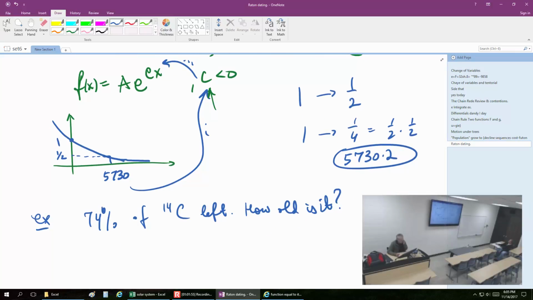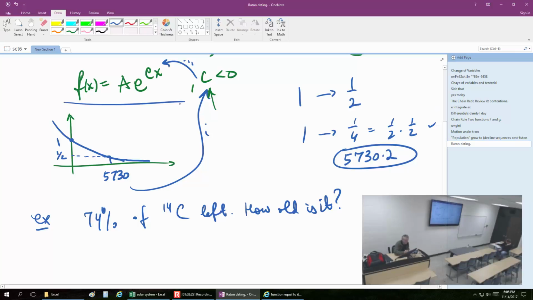The number is intentionally chosen in such a way that you cannot reduce it to repeated application of the half-life. Even though 74% is close to 1/4, so it will be close to 5,700 years, let's say we want something more precise. Then let's go through these computations.